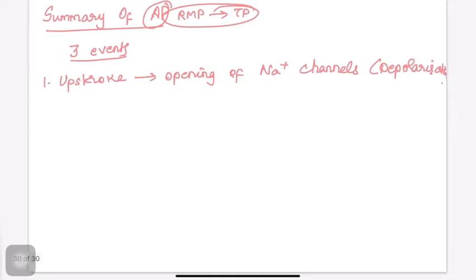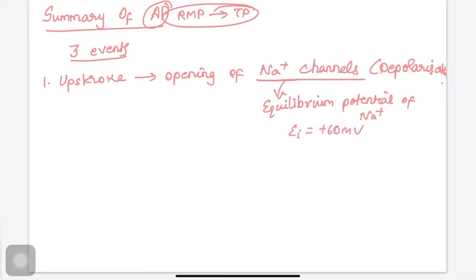How long will the influx of sodium continue? When the equilibrium potential of sodium is reached, the sodium influx will stop. The equilibrium potential of sodium is plus 60 millivolt, but the upstroke stops at plus 40 millivolt.